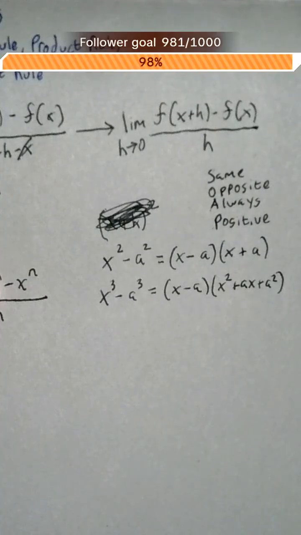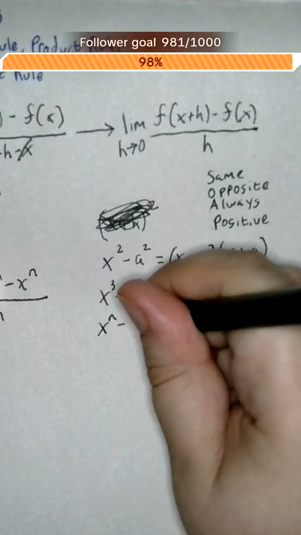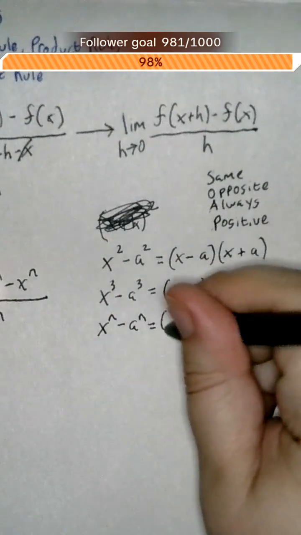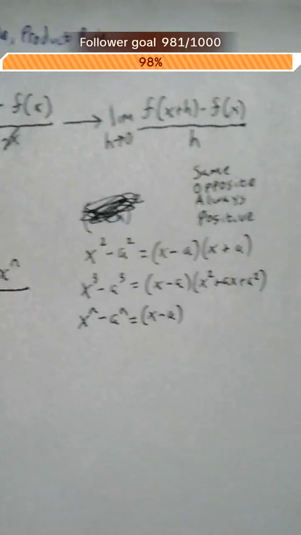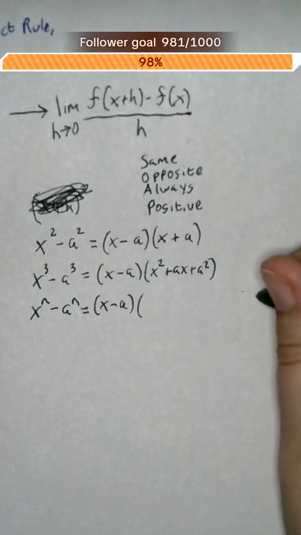So now, what do we do with x to the n minus a to the n? Well, what happens here is I still have my x minus a, and now here's where things get a little messy. So here we go.